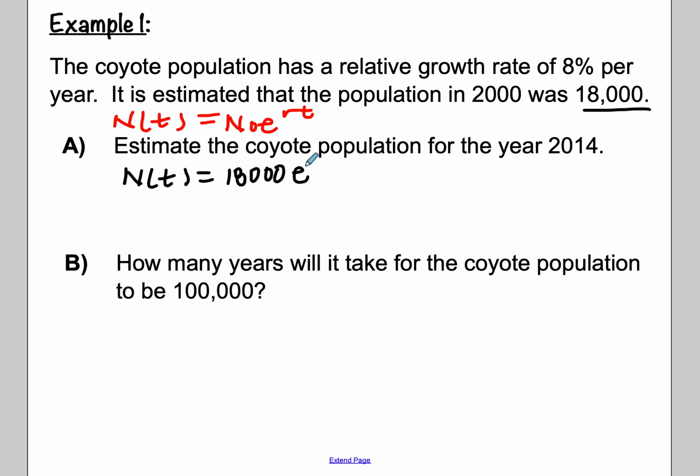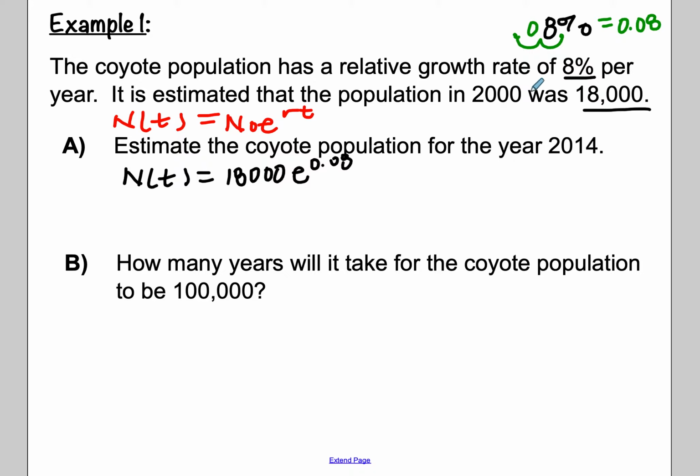e to the r. R is our growth rate. You have to remember, you always put this as a decimal. It's currently a percent, 8%, and in order to make it a decimal, I move my decimal to the left two places. So this is 0.08. Now you have to be careful with time.